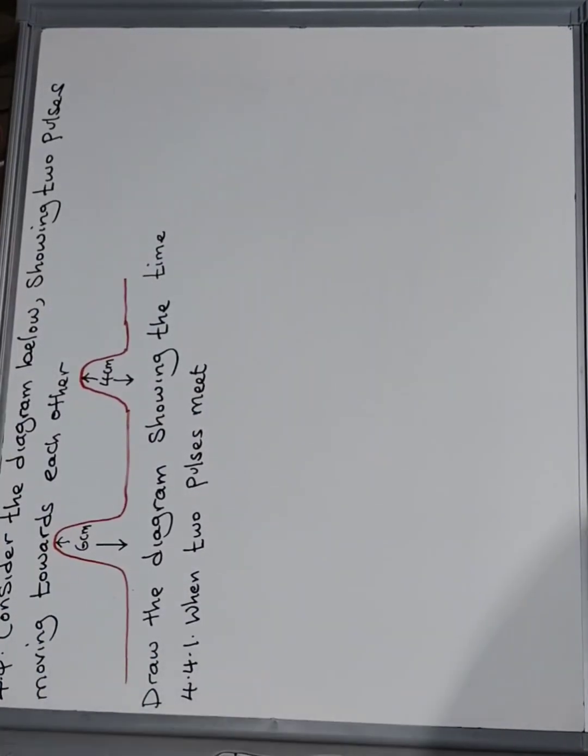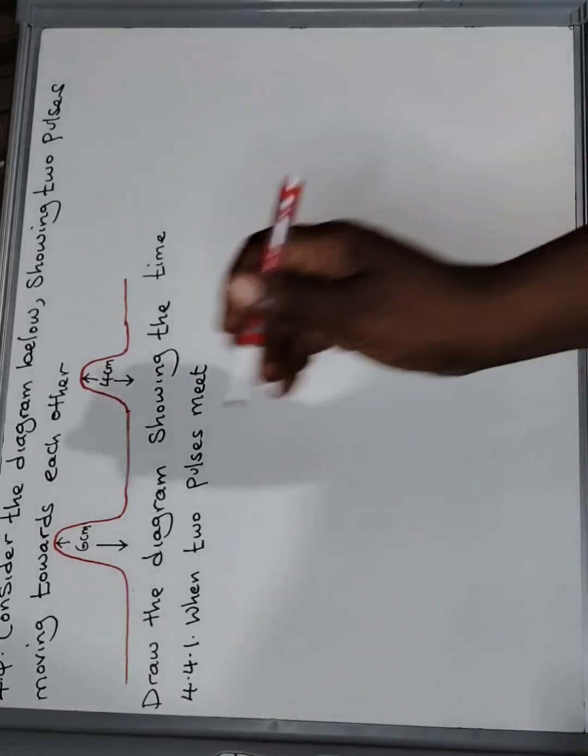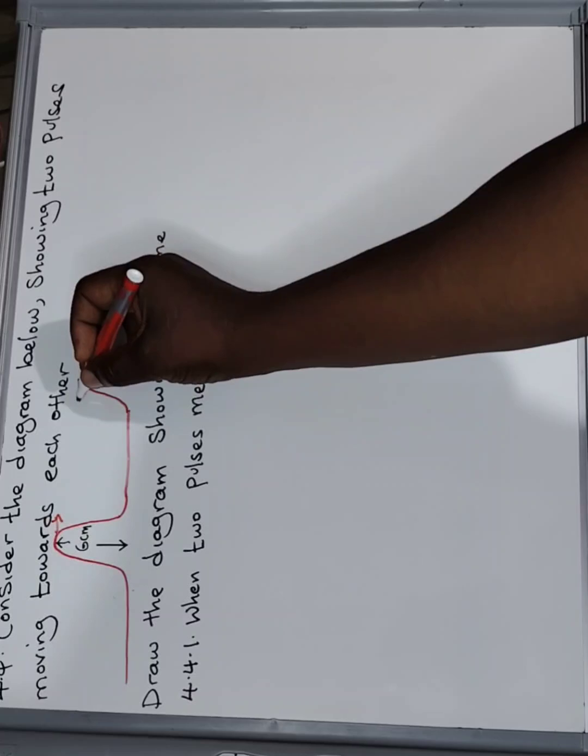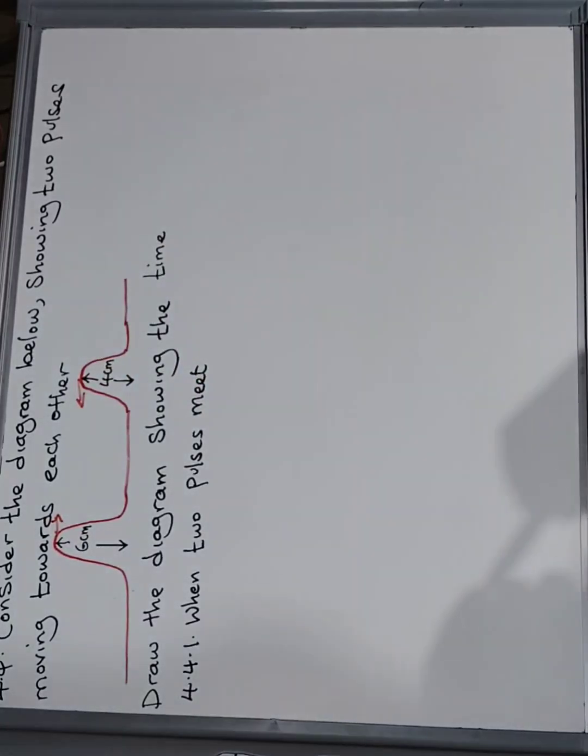So then comes this question. It says, consider the diagram below showing two pulses moving towards each other. So we are having these pulses and they are moving towards each other. Okay.